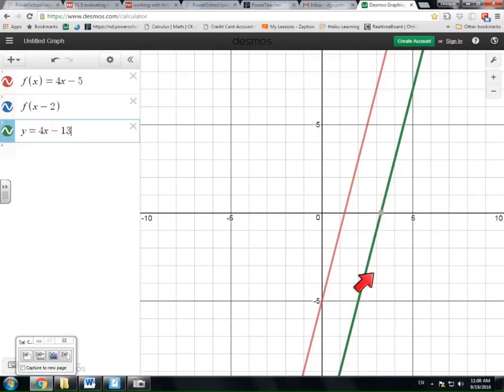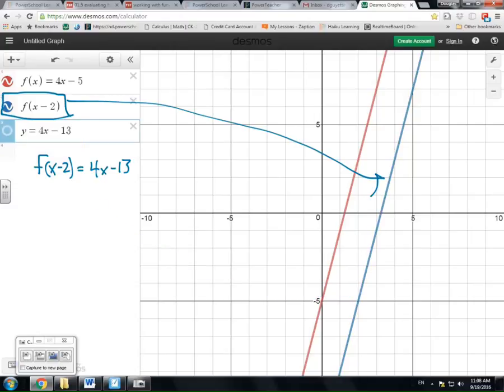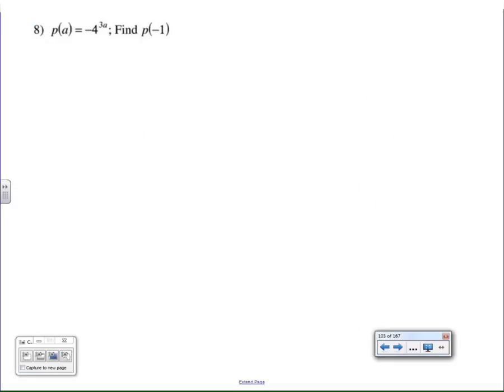I see the green graph representing the green equation, all the solutions to the green equation, and the red graph represents all the solutions to the red equation. I don't see blue anywhere. The reason is because the blue and the green are showing the exact same equation. There's the green, and there's the blue, which basically means f of x minus 2 and 4x minus 13 are one and the same.